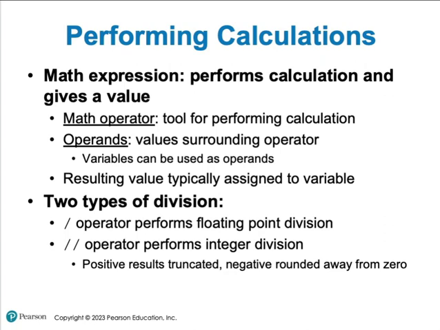A math operator is something that performs a mathematical calculation. The operands are the values or variables that the mathematical operator is going to operate on. It performs a calculation, and then it assigns that to a variable or prints it out.